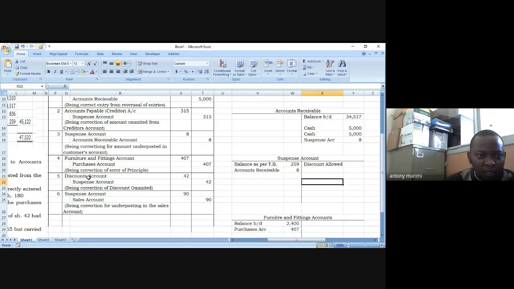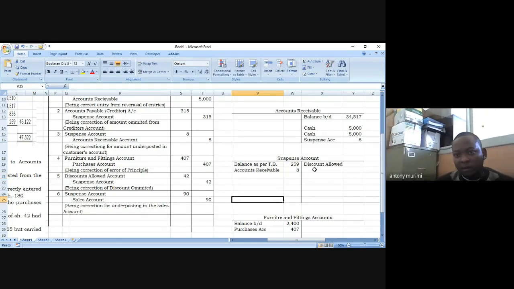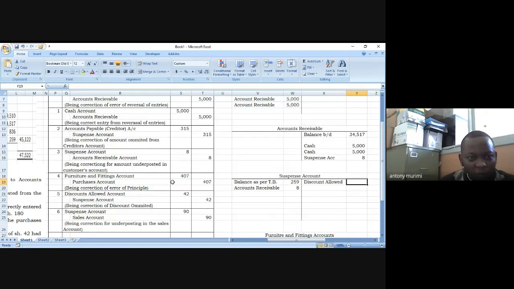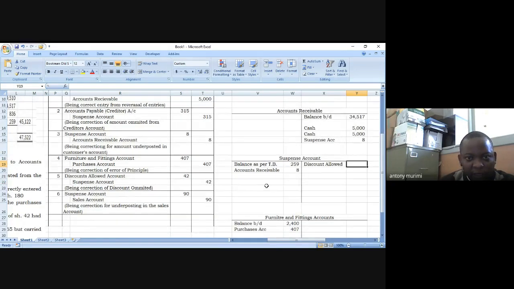This should be discount allowed, not just discount account. So we credit the suspense account by discount allowed, that is 42 shillings.